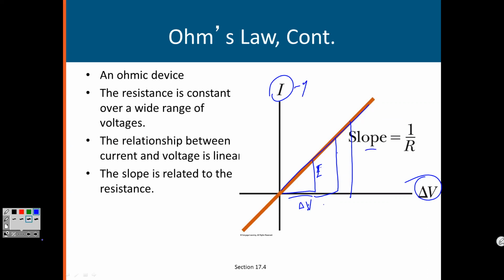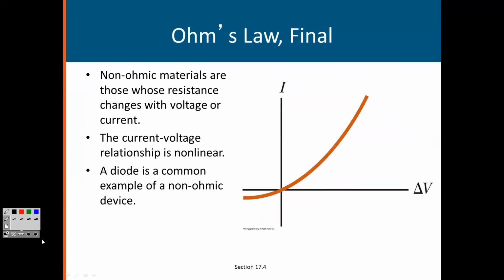Therefore, slope is equal to 1 over R. If you switch it, and draw delta V in the y-axis and I in the x-axis, then the slope will be R. This is a particular device that obeys Ohm's law, an ohmic device, because we get a straight line. That means R is constant. The slope is not equal to the resistance, but is equal to 1 over resistance, because I is in the y-axis.